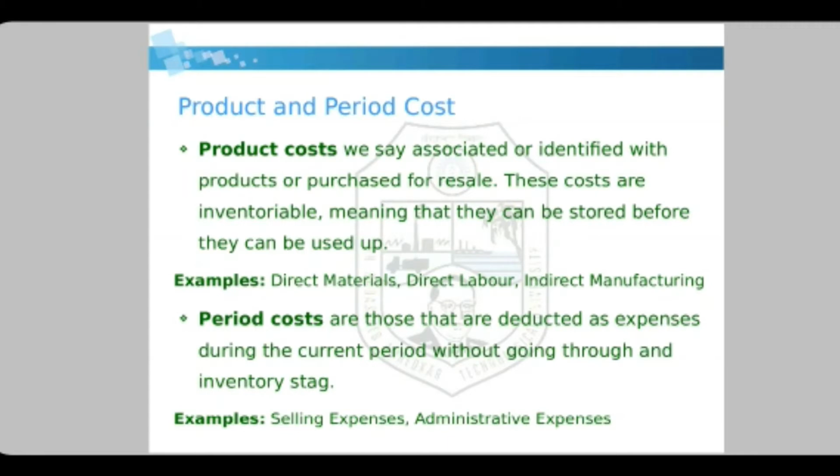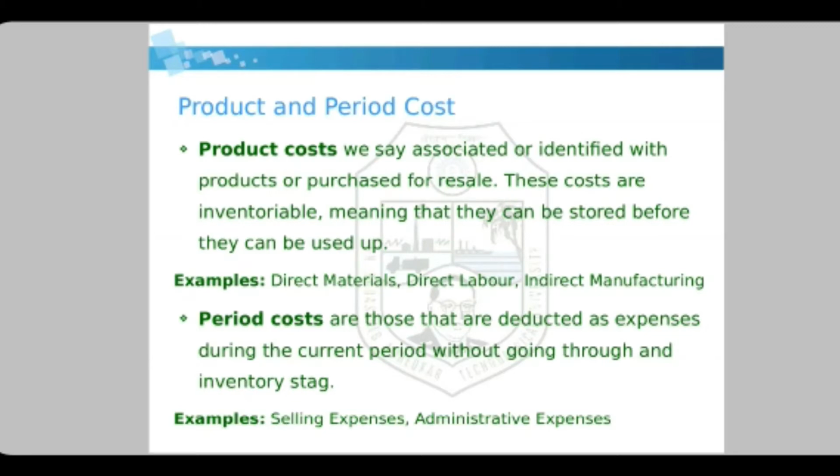Let's say there is a company that has bought 1000 kilograms of steel bars. Now that company uses 100 kilograms of steel bars for making some product, and then they sell that product. So the inventoriable cost is the cost of the 900 kilograms of steel bars that they have stored.